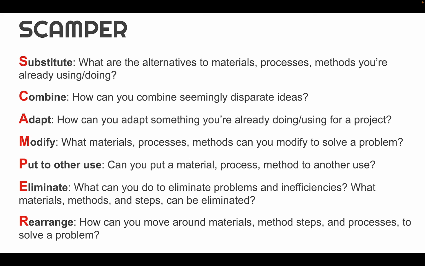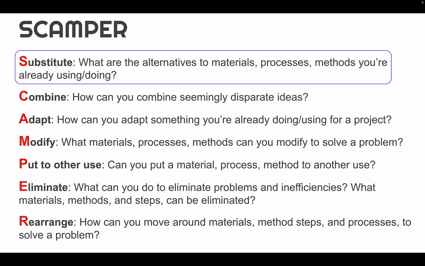If you watched the video on creating a prompt, you may remember this. It can be used to create a focused prompt, but in this case, you can also use it to focus the student's thinking. You can choose one for the focus of the activity or guide them through several of the letters. So for example, you may say, take the next 10 minutes to think about and record alternatives to materials, processes, methods you're already using or doing.